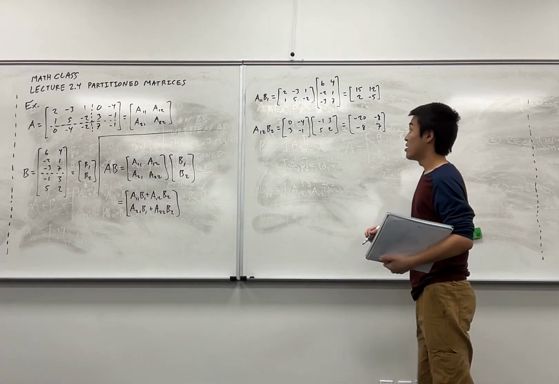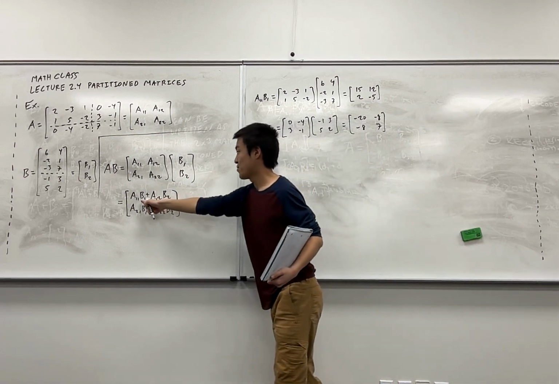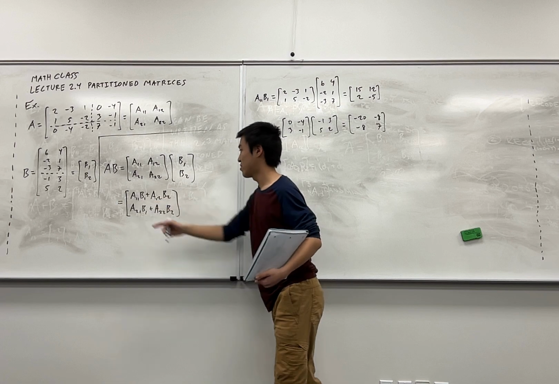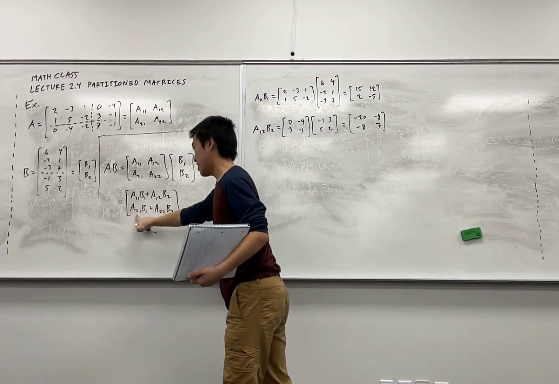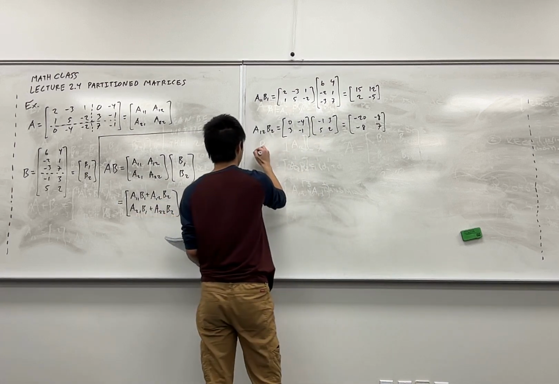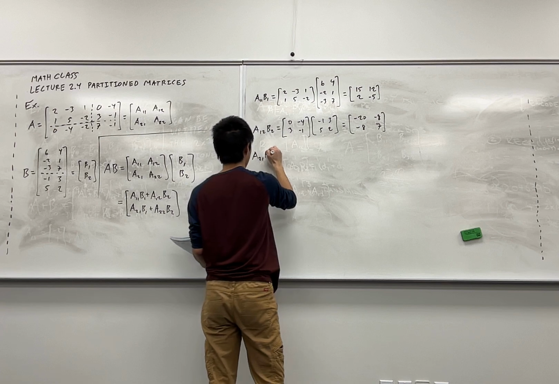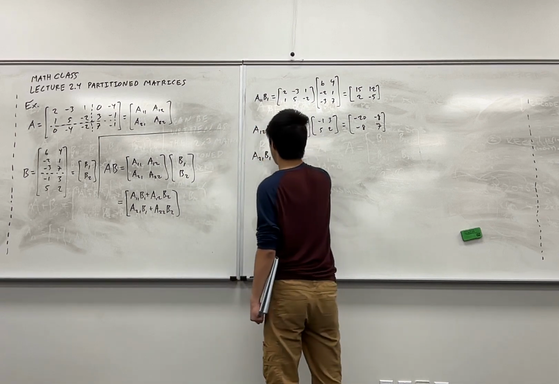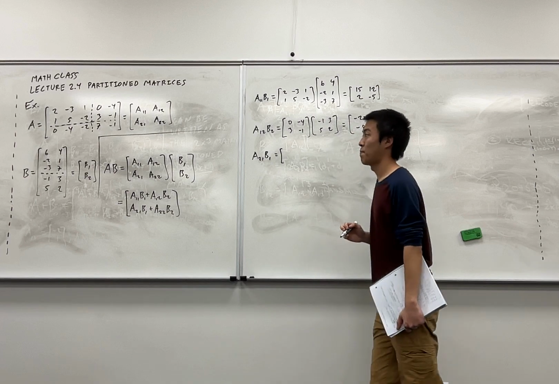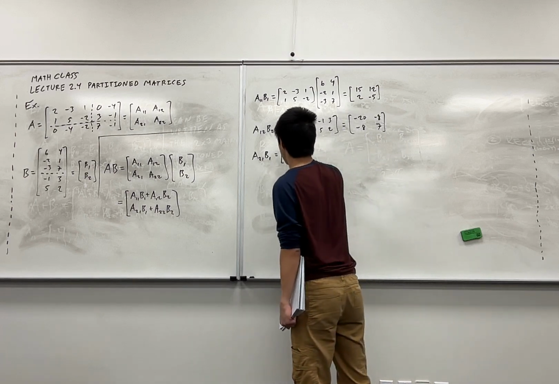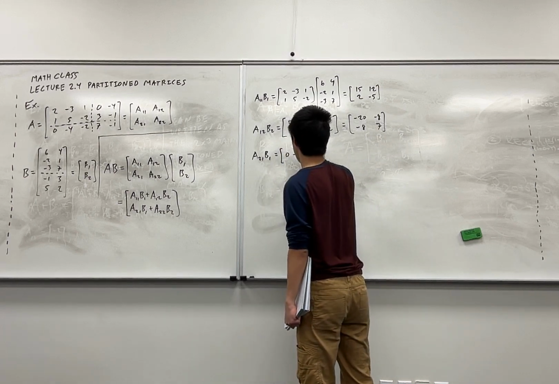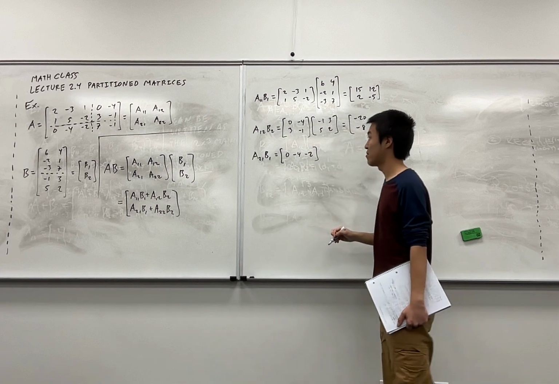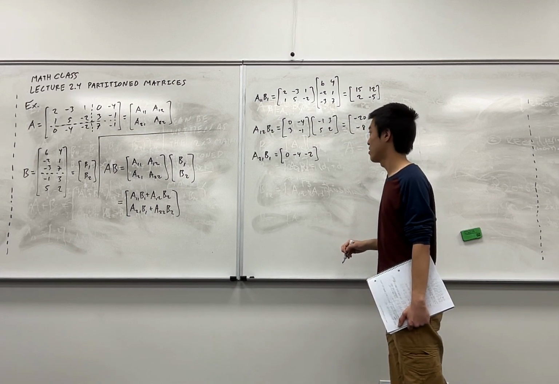And now we have information for this top thing, right? Let's get the rest of it. So let's get A21B1. What is A21? 0, -4, -2. And then what's B1? 6, -2.